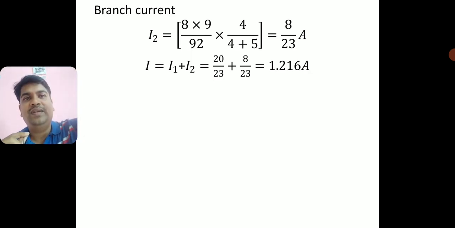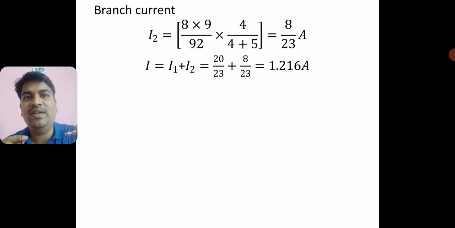I got I1, the contribution from the 10 volts battery, and I got I2, the individual contribution from the 8 volts battery. If I do the algebraic sum according to the superposition theorem, I will get the total current through the 5 ohm resistance with both batteries together. I simply do I1 plus I2 because algebraic sum means both currents I1 and I2 are going in the same direction, so I can simply add them. But if I1 and I2 are in opposite directions, obviously you have to subtract them to get the total current.